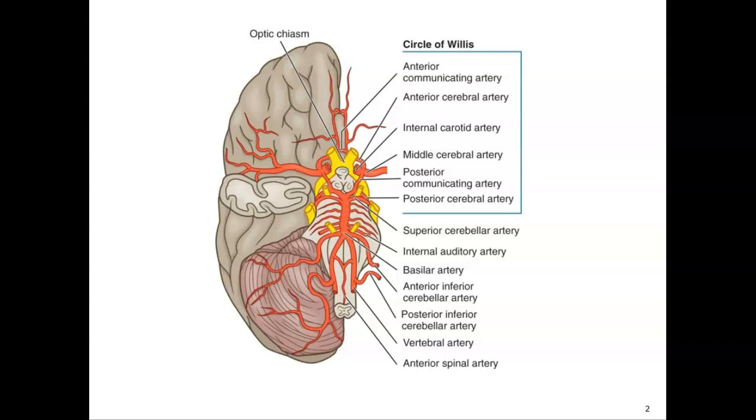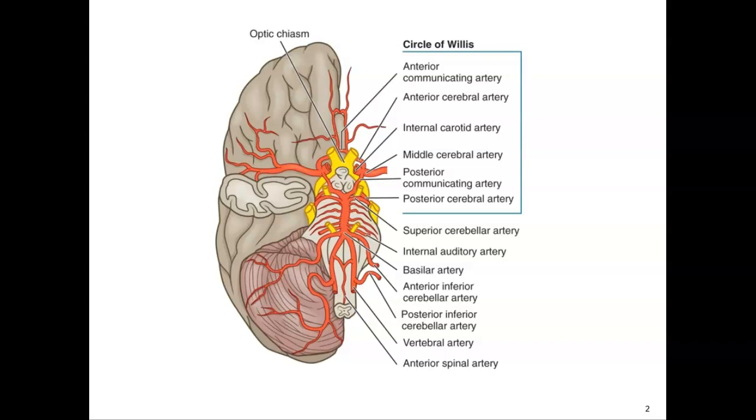Now, each one of those arteries feeds a different part of the brain. So the MCA and AC, they feed the frontal, parietal, temporal, basal ganglia, thalamus and hypothalamus.